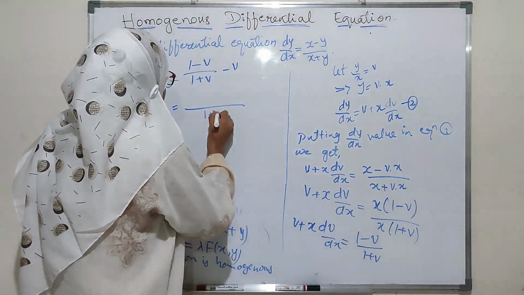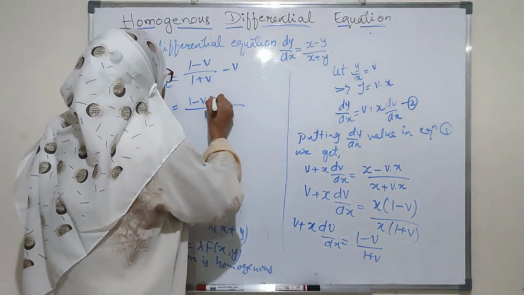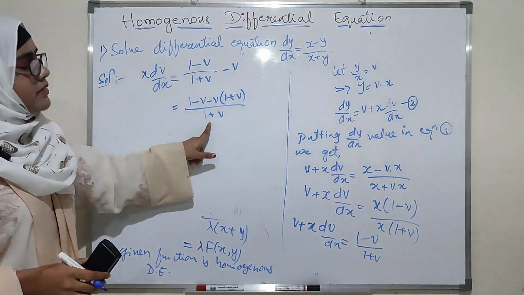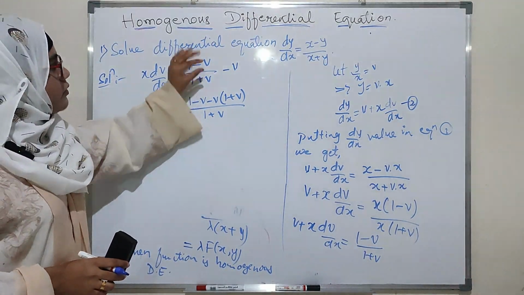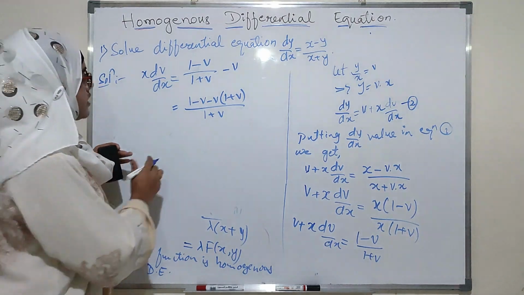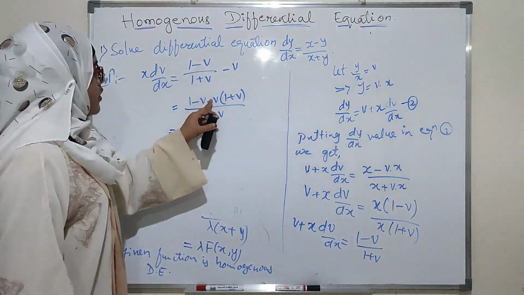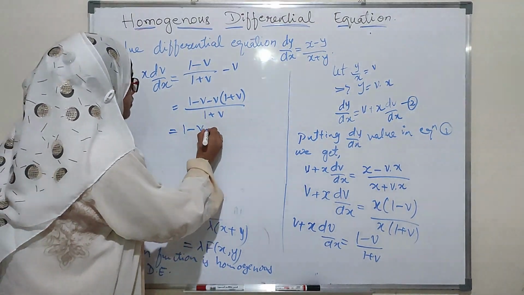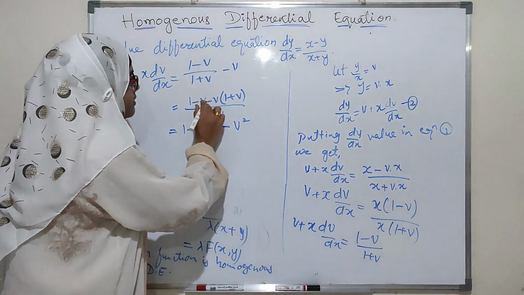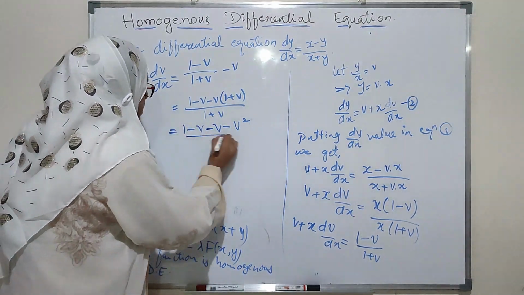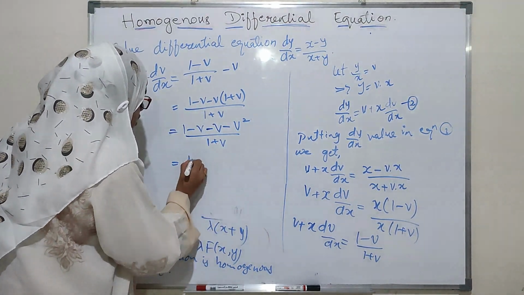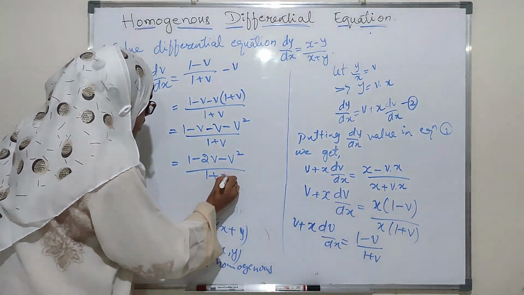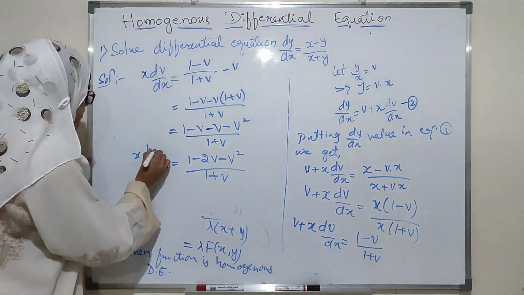Now taking the LCM, 1 plus v: 1 minus v minus v into 1 plus v. For taking the LCM, 1 plus v is the LCM, then we have to multiply v into 1 plus v. Now open this bracket: 1 plus v, minus v into 1 is minus v, minus v into v is minus v square, divided by 1 plus v. So here x dv by dx is equal to 1 minus 2v minus v square divided by 1 plus v.